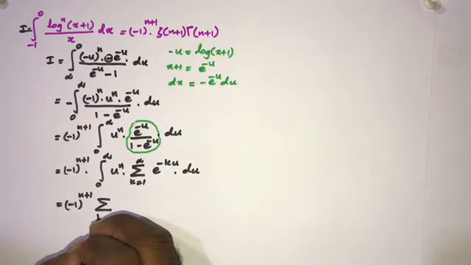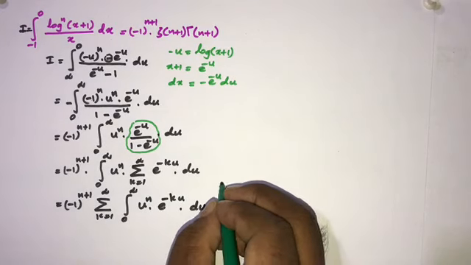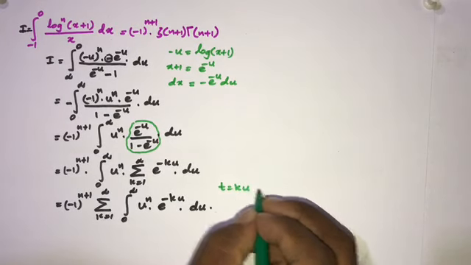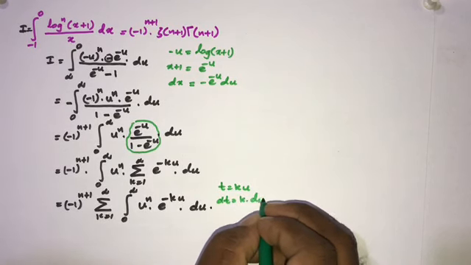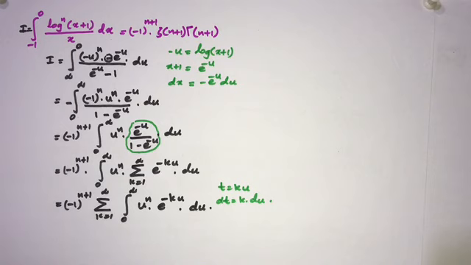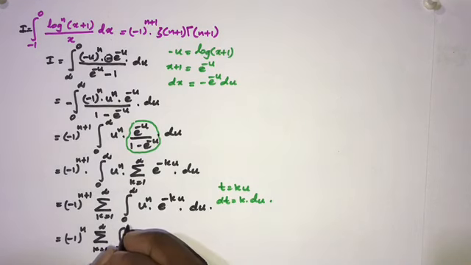Then again we can take a substitution. If we take t equal to k times u, then dt is equal to k times du. Now we can plug in here: (-1)^n, infinite sum from 1 to infinity, limits also 0 to infinity.